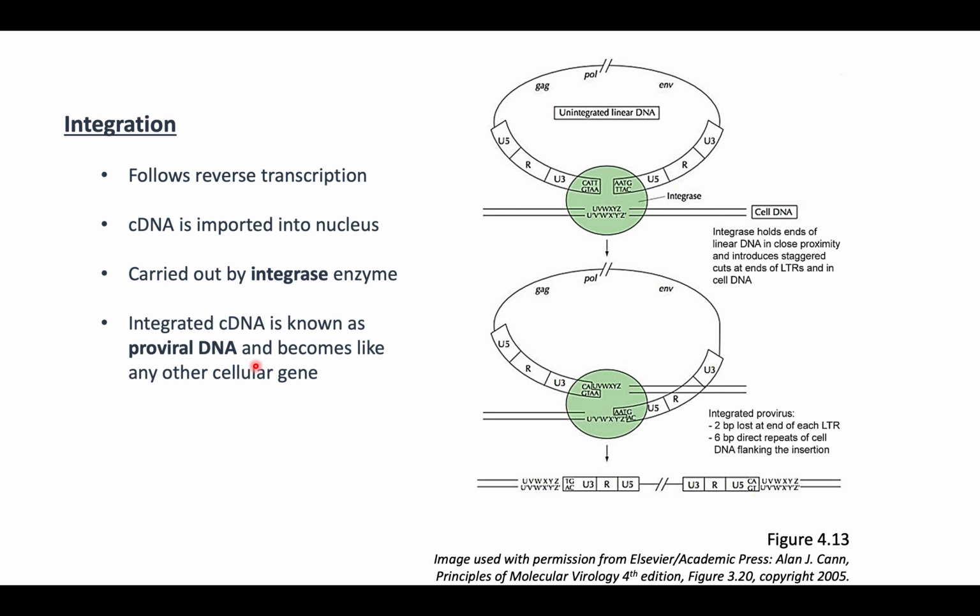And at that point, it's just like any other cellular gene in the genome. And as we discussed, at some point down the road it will be transcribed and translated at a very high level to produce new viral proteins.